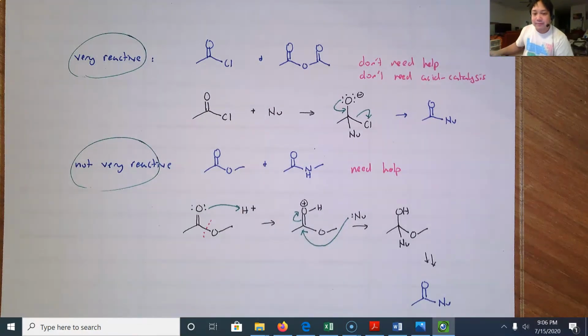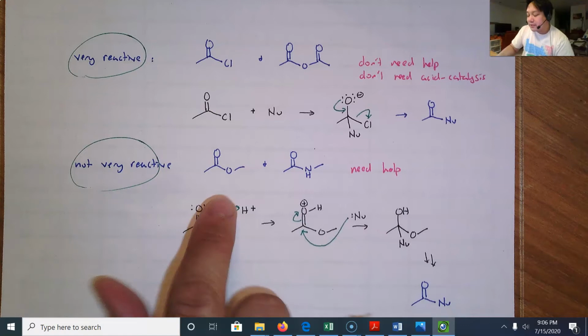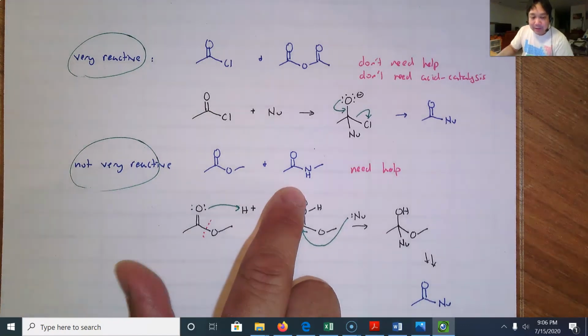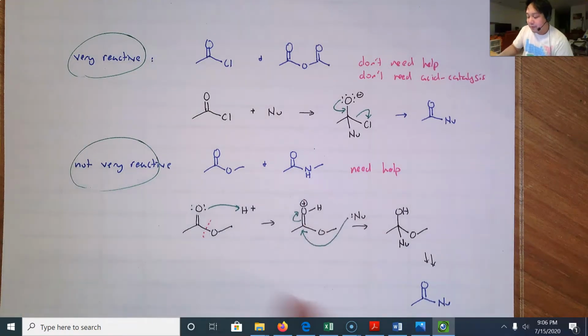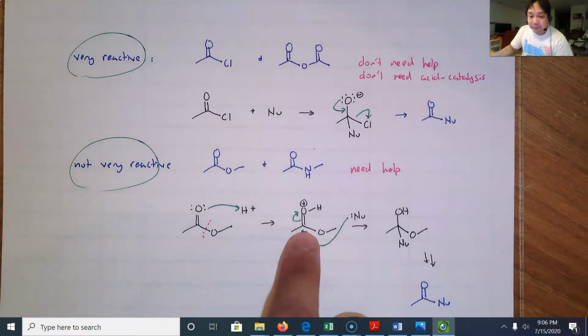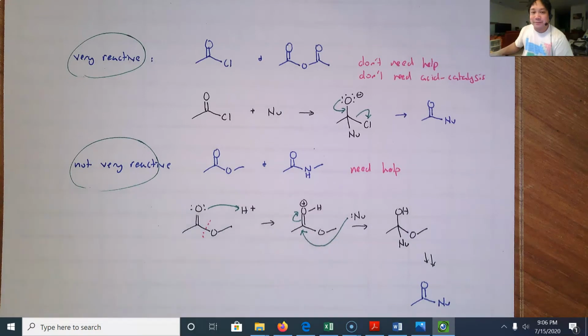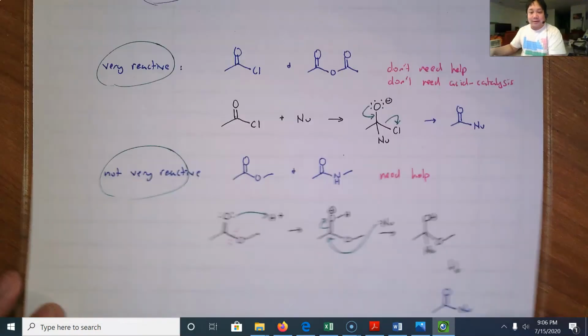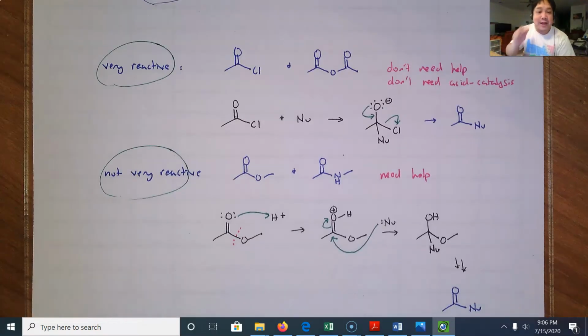Do they attack right away? Esters and amides do need help, and typically that help comes in the form of acid that helps activate, makes it even more electrophilic to a nucleophile. Okay, the next couple of videos are going to be actual reactions, and we'll knock those out one by one, following these two types of mechanisms.